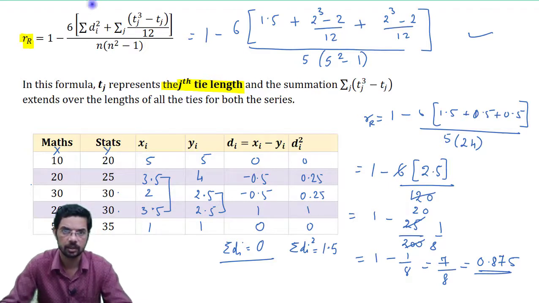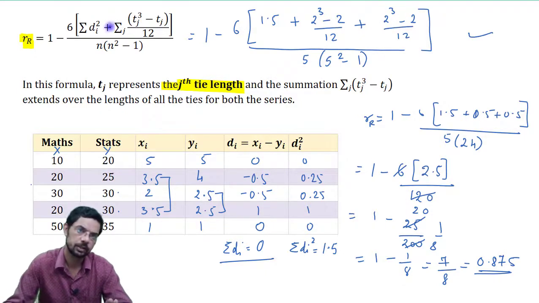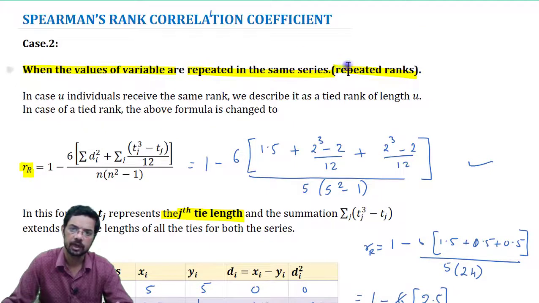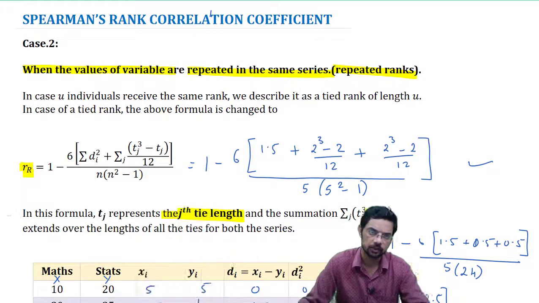Here there were 2 ties, each of length 2, so therefore we had the 2 steps. That is the sum. In the same way, what is n? N is the number of pairs of observations.